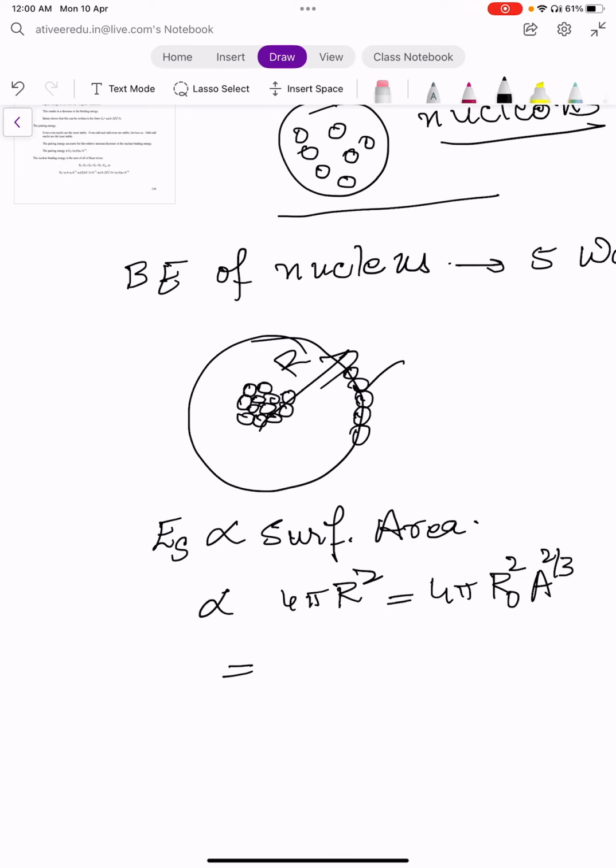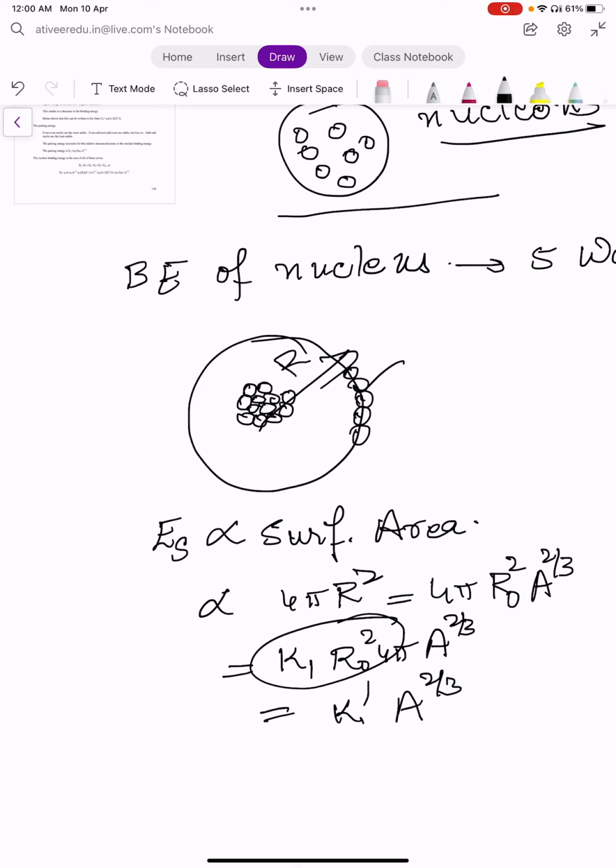So if I remove the proportionality sign, I can say k1 into r naught squared, 4 pi will also come, A to the power 2 by 3. This I can write as some constant, say k1 dash, A to the power 2 by 3. Since this surface energy is the reduction in the binding energy due to the nuclear surface effect, that's why it will be negative.